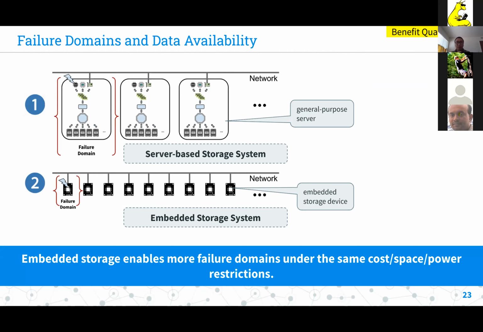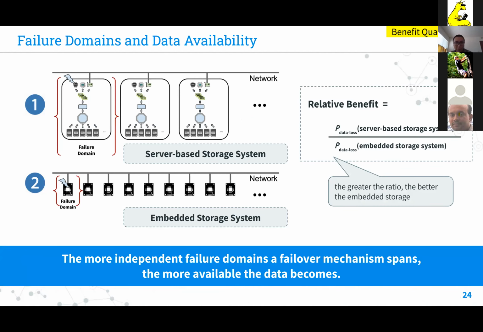And therefore, our hypothesis is that the more independent failure domains are in the failover mechanism space, the more available the data becomes. And so to verify this assumption, we created a metric called relative benefit, and it is defined by the ratio of the probability of data loss between these two systems.